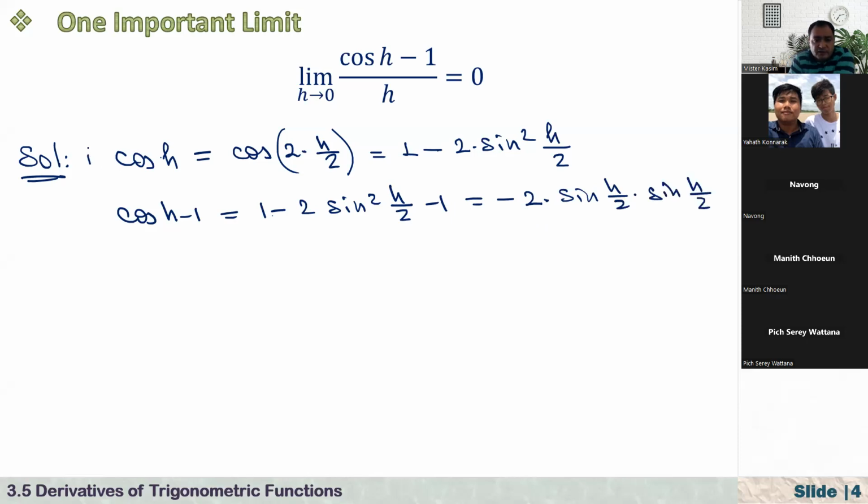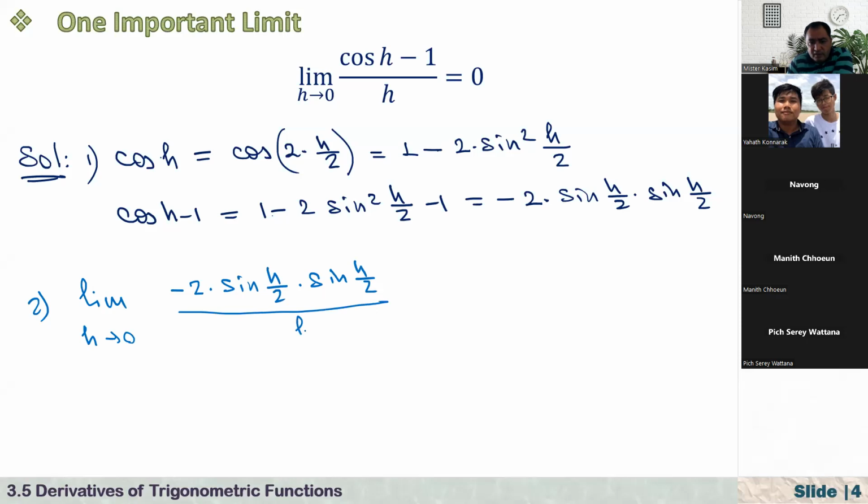So now, if we evaluate our limit as h approaches 0, in the numerator, cosine of h minus 1, I can write minus 2 times sine of h over 2 times sine of h over 2, and in the denominator we have h.